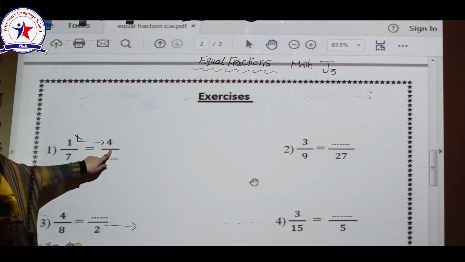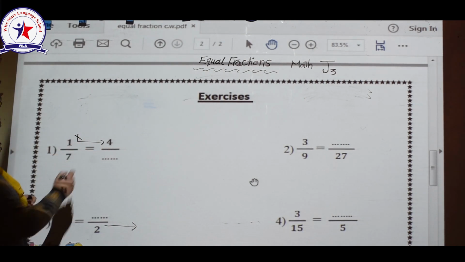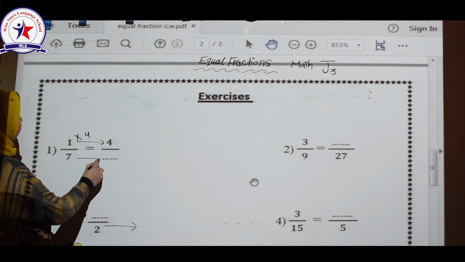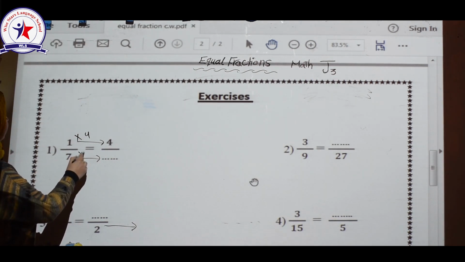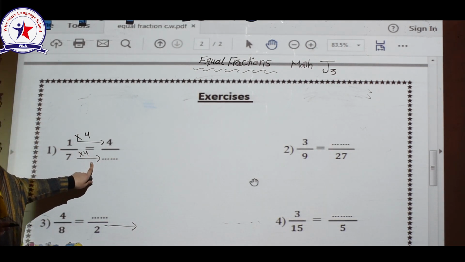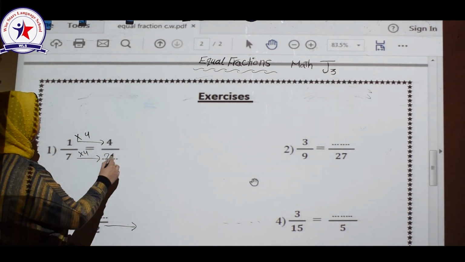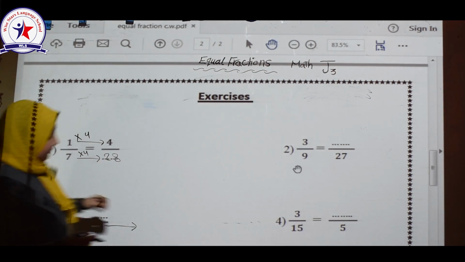Now 1 times what equals 4? 1 times 4 equals 4. So draw the same arrow down and put times 4. 4 times 7 equals, Junior 3, 28. Excellent.